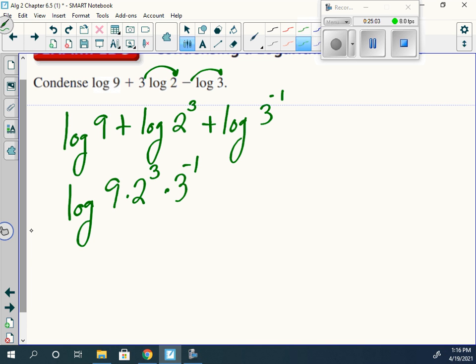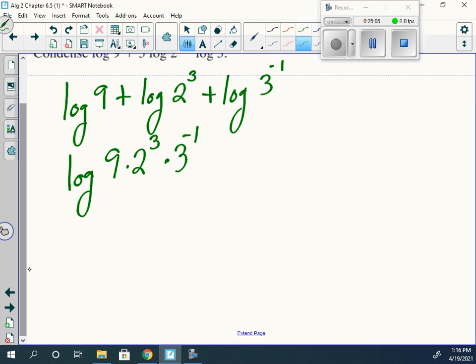Now at this point, if we wanted to type into the calculator 9 times 2 to the third times 3 to the negative 1, it would give us an answer, because they're all numbers. But if we were doing this by hand, to get that exponent on 3 to be positive, we would move it from the numerator to the denominator.